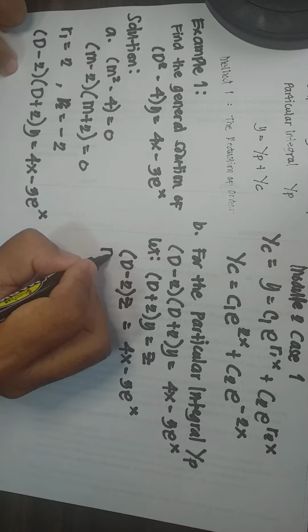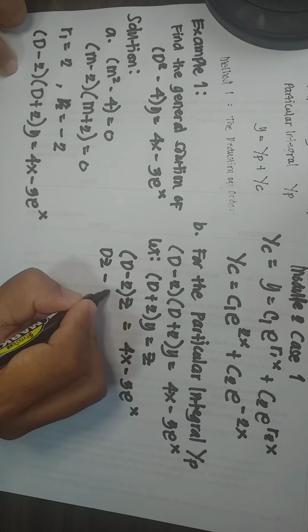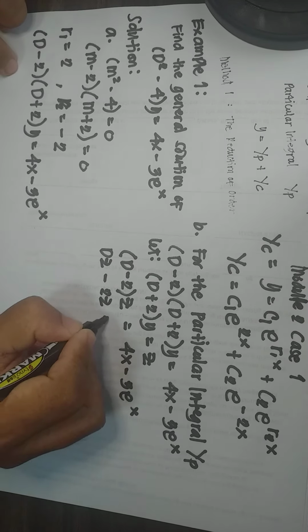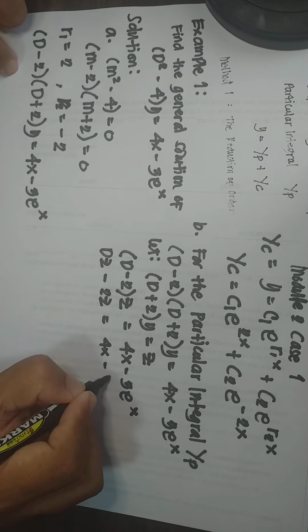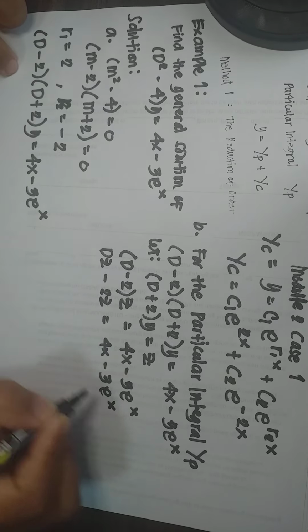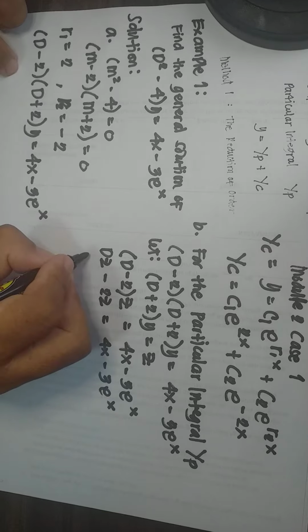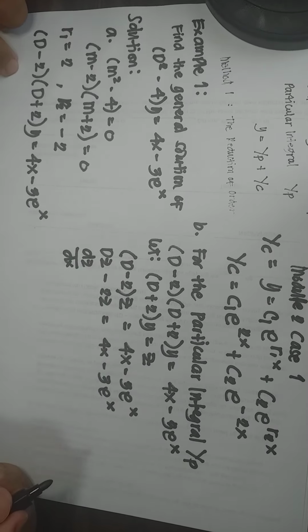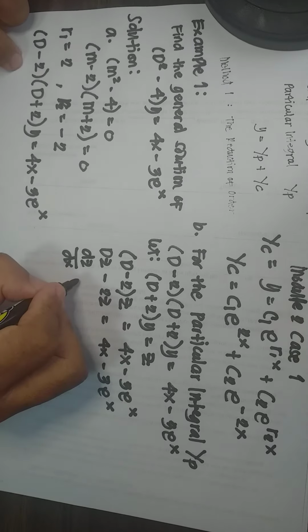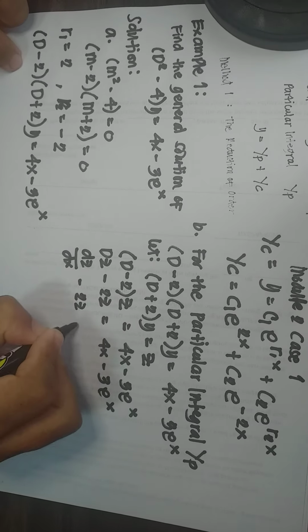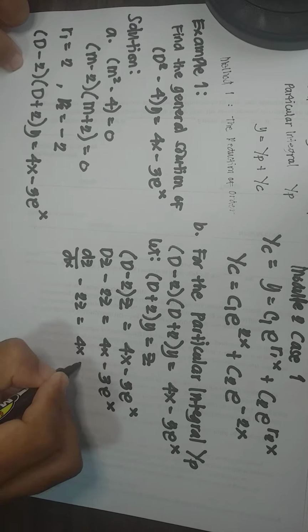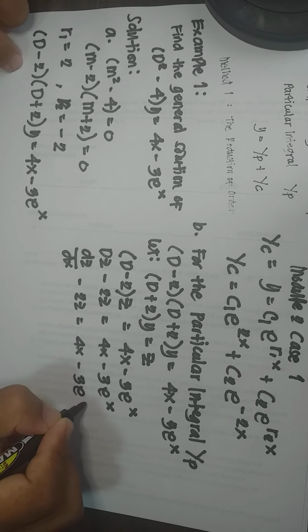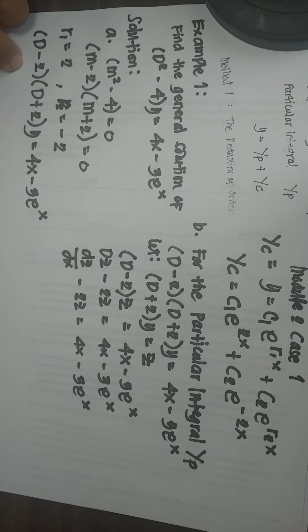Distributing, we have Dz minus 2z is equal to 4x minus 3e to the x. But Dz is similar to dz over dx, so we have dz over dx minus 2z is equal to 4x minus 3e to the x.